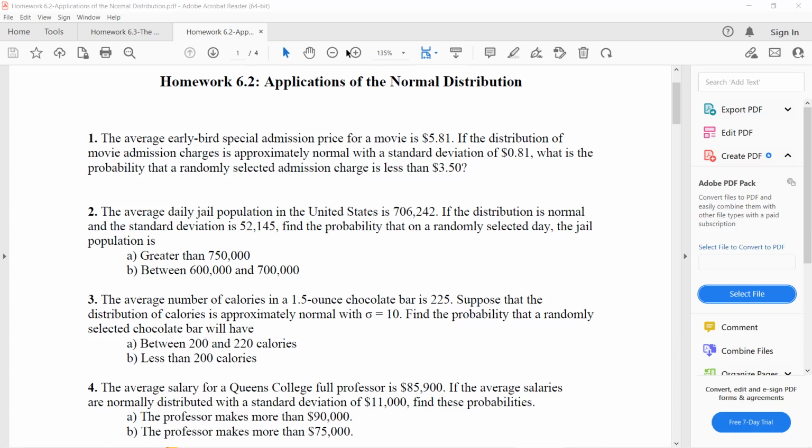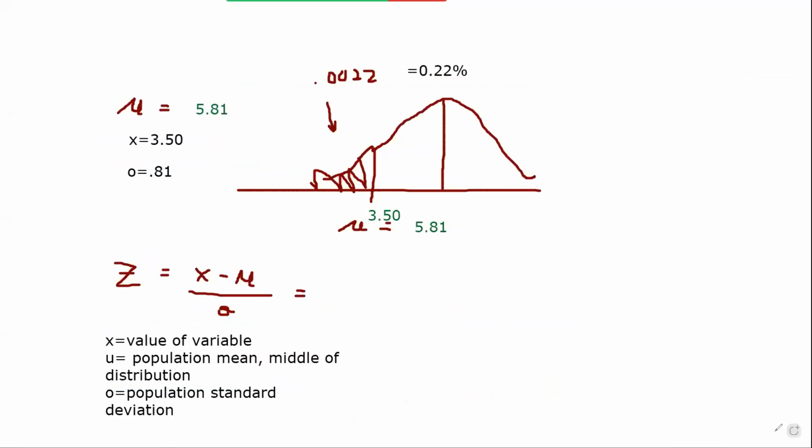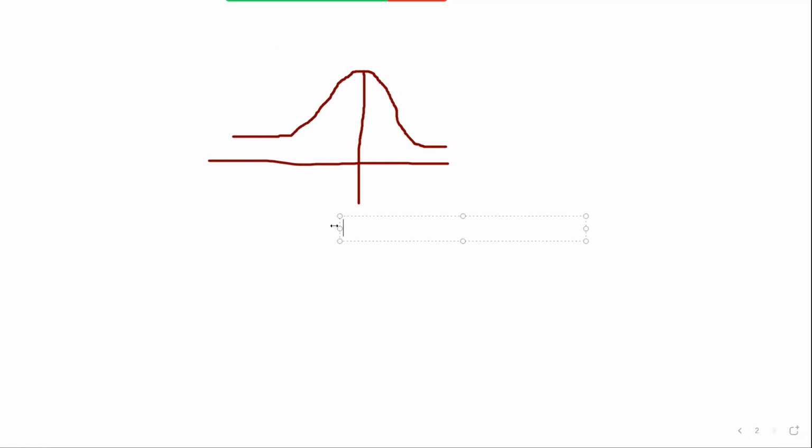So our distribution looks like this. Let me share the screen and get a new page here. I'm going to graph it, and we have our curve, something like this. In the middle, we have 706,242, and we're looking at 750,000, so that's going to be over here somewhere.